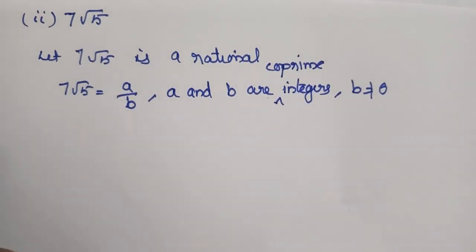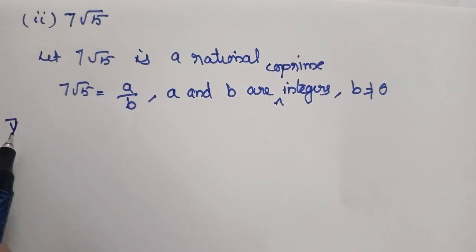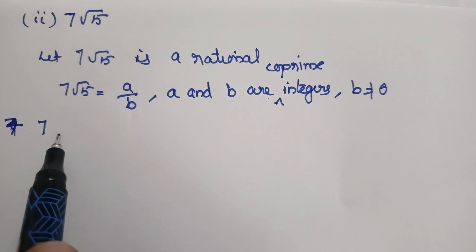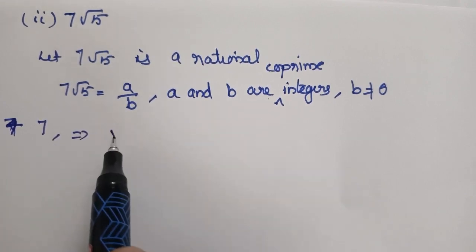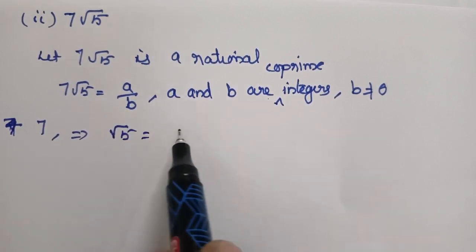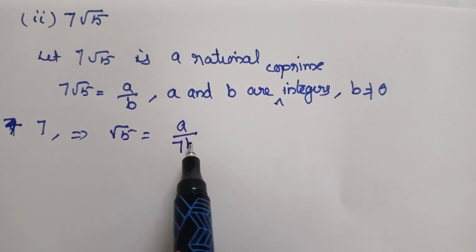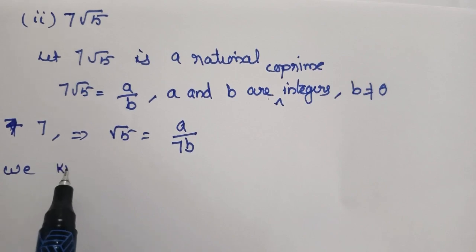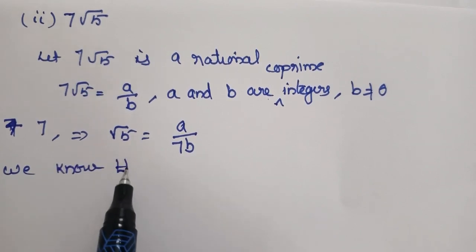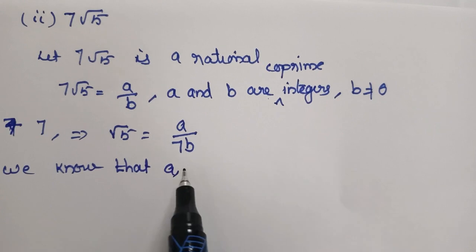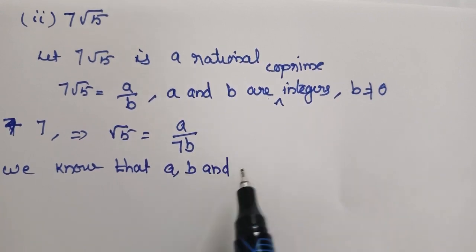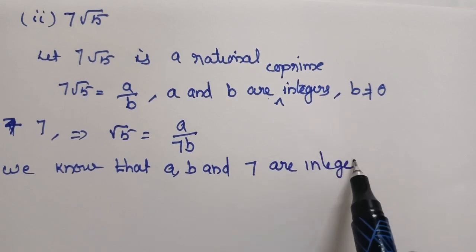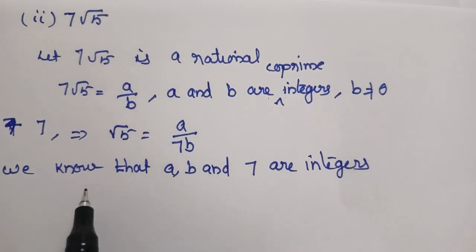Dividing throughout by 7, we get root 5 equal to a by 7b. Now we know that a, b and 7 are integers.